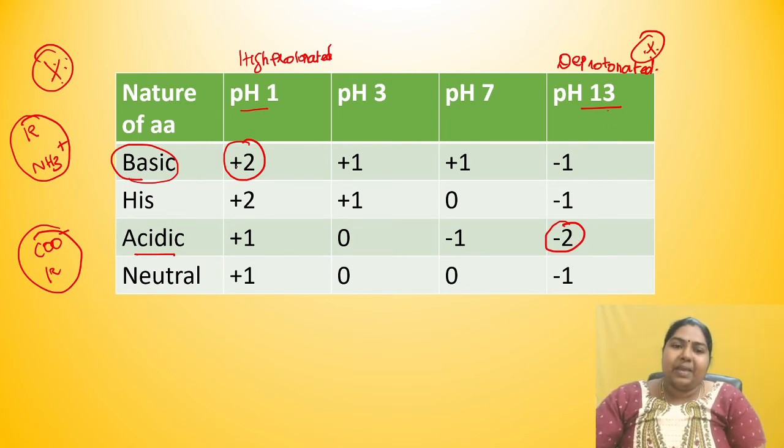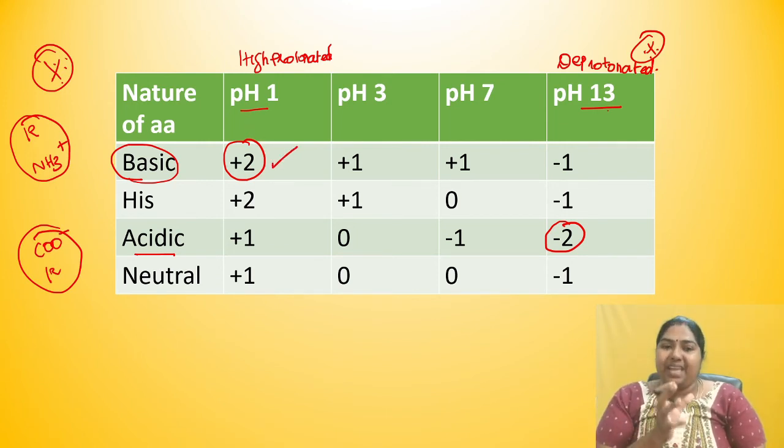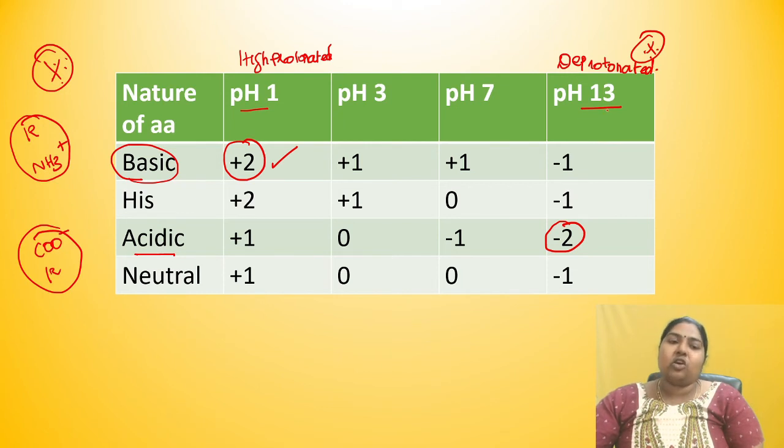So basic at low pH will be highly protonated, that is the characteristic of a basic amino acid, plus. If it is acidic at high pH, it is totally deprotonated. It's COO minus, and the R group also contains COO minus. So two negative groups are there, and that is becoming -2. This way I understood this table. You can memorize in your own way.